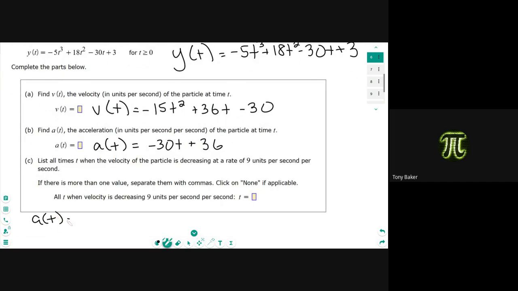So a of t equals -9, so equals -30t plus 36. So I've got -45 equals -30t. So t equals 1.5.